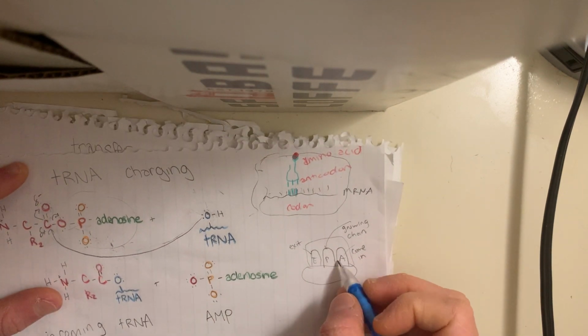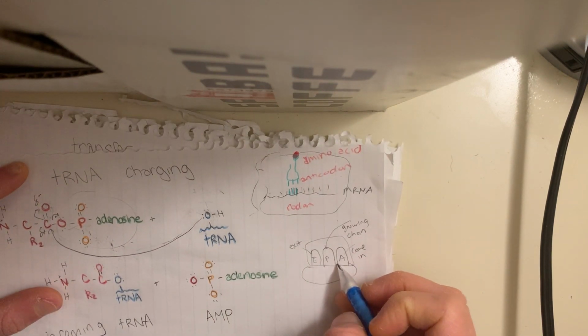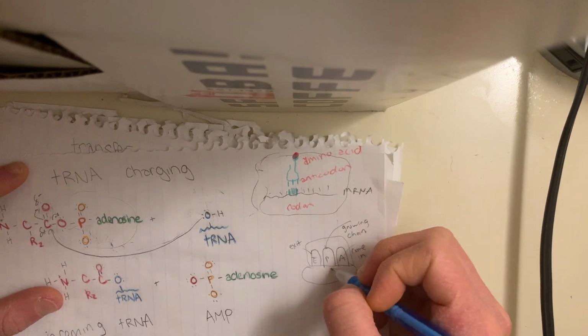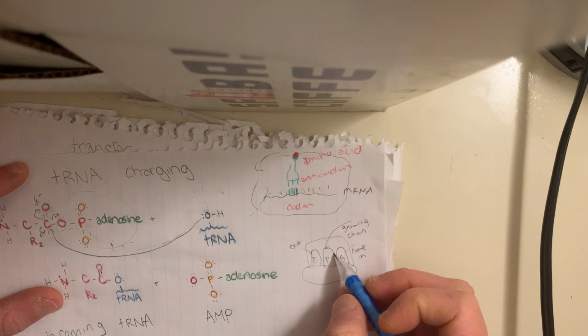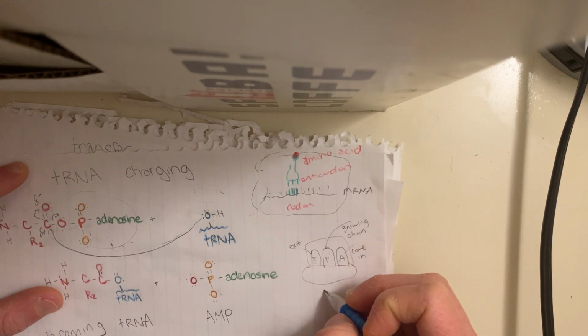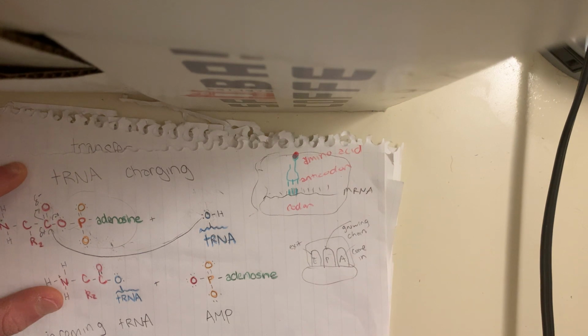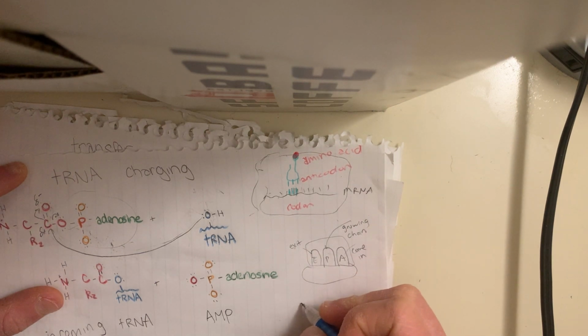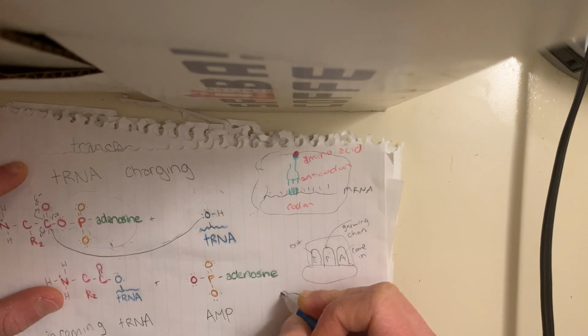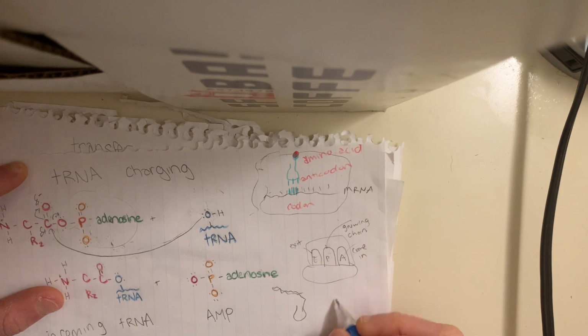So our incoming tRNA is going to be in this A site. The exiting one is going to be in the E site. And the growing chain is going to be in this P site, P for peptidyl transfer, because that's where the transfer is going to occur. We'll have the old tRNA, with this growing chain, and then our incoming tRNA, which only has a single amino acid.